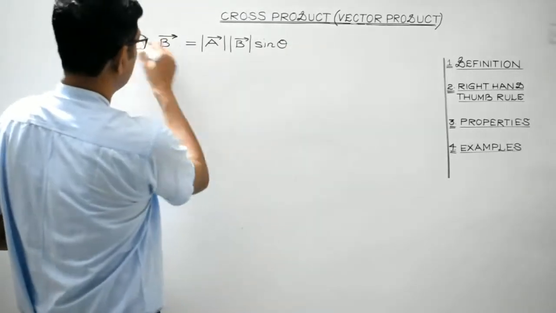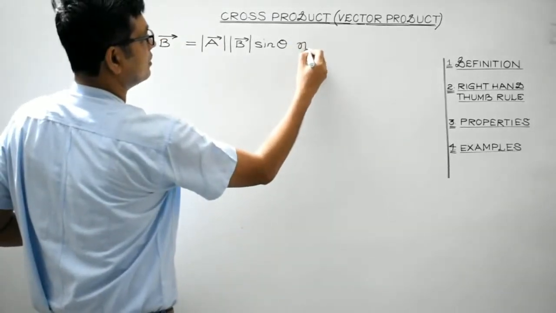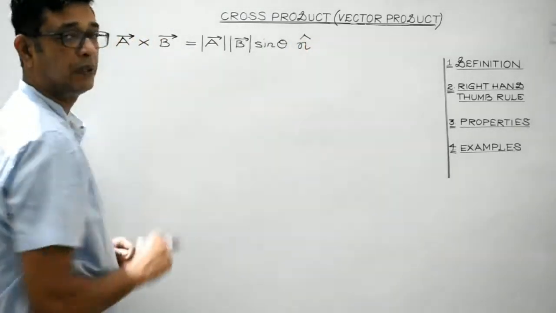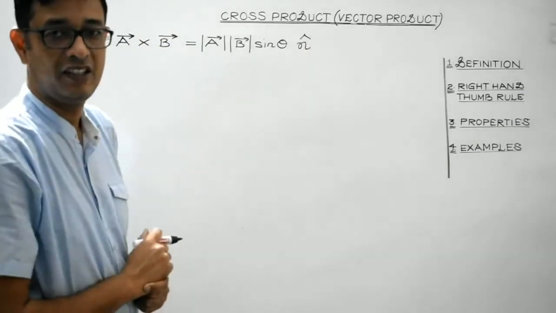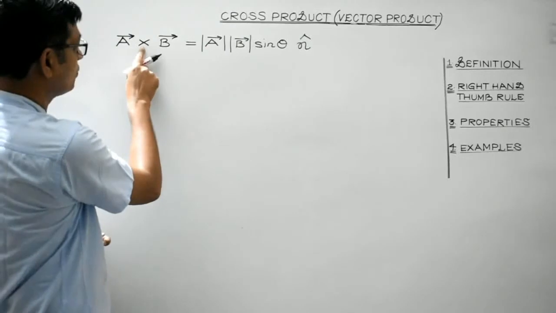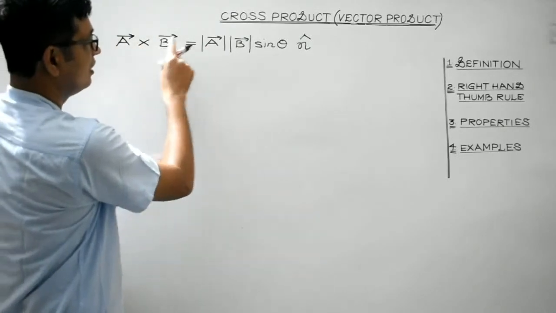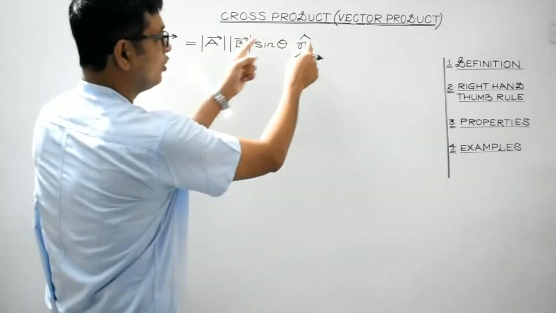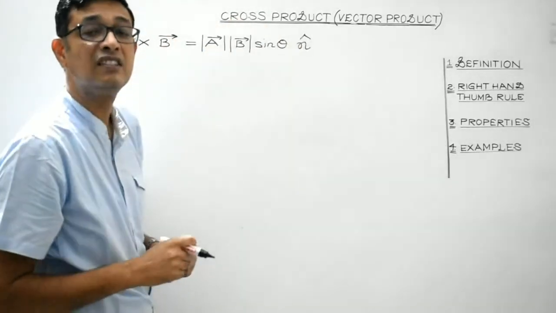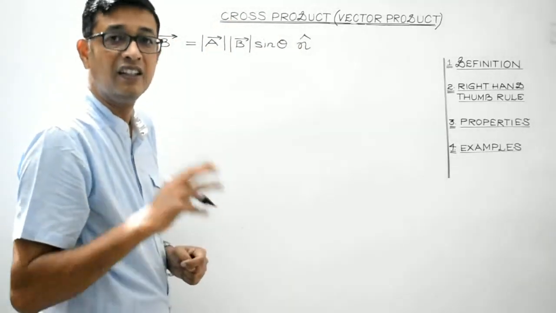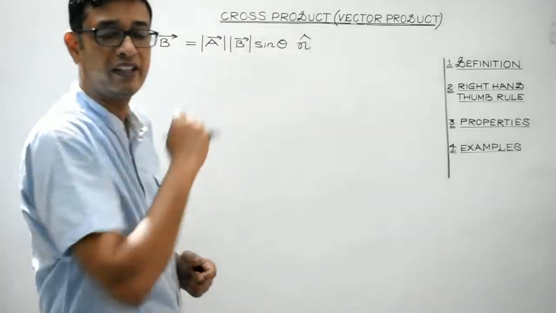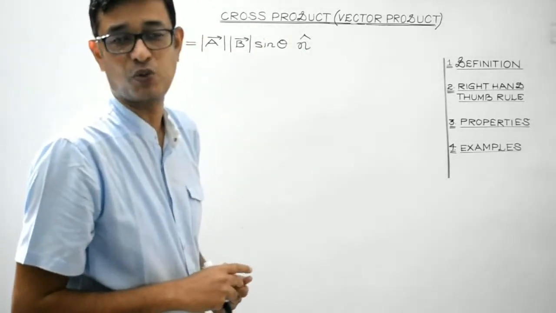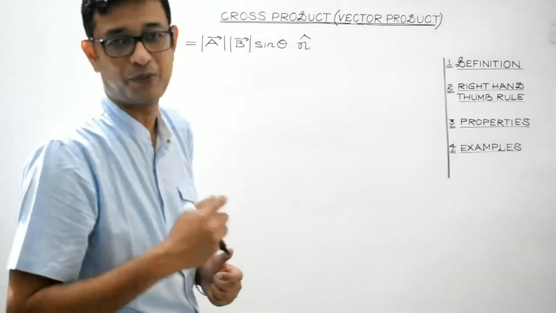So suppose its direction is given by n cap. This is a unit vector which represents the direction of A vector cross B vector. So the cross product of two vectors possesses both magnitude as well as direction, and hence is a vector quantity. Since the cross product of two vectors is a vector quantity, that is the reason why the cross product is also known as a vector product.